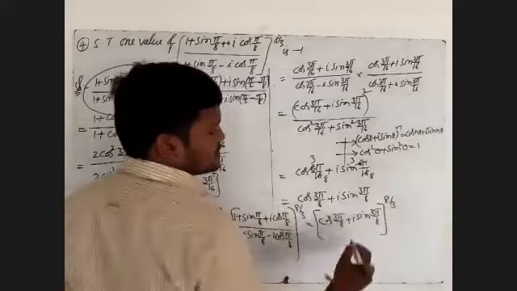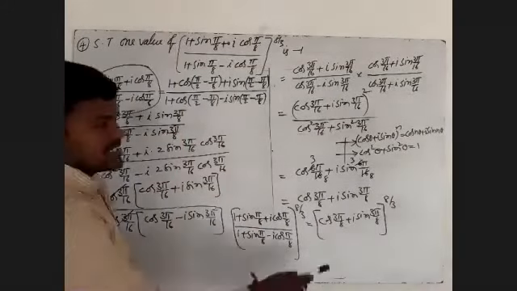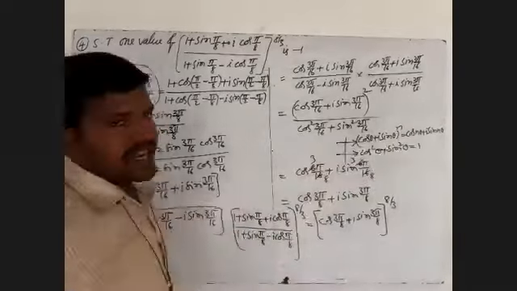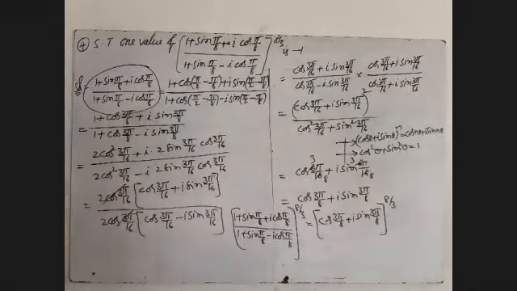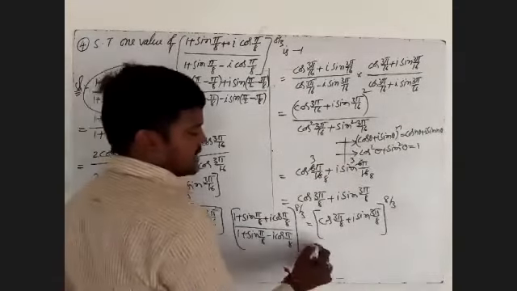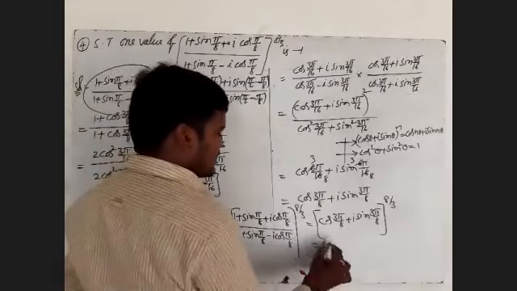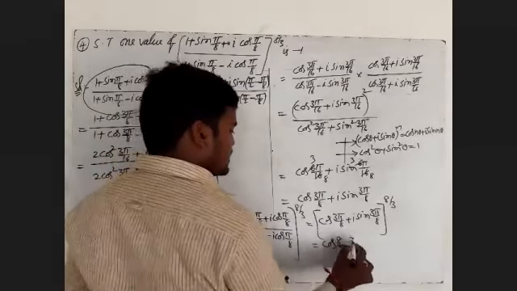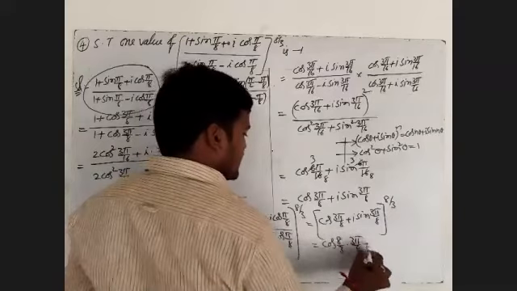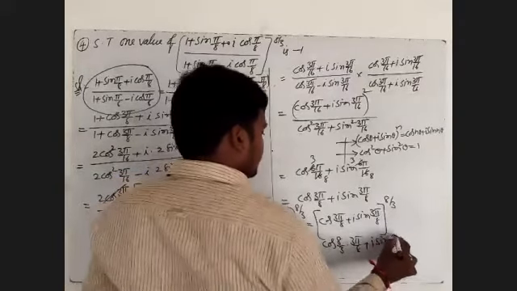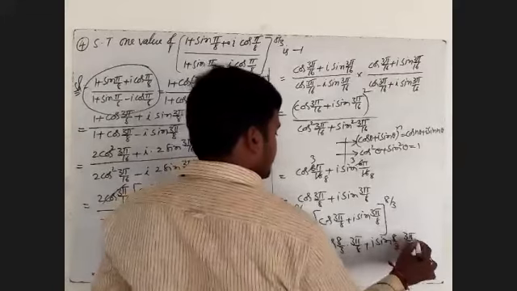We will observe again, when it is of the form (cos theta plus i sin theta) whole power n, that I will write cos n theta plus i sin n theta. So I will write cos (8 by 3 into 3 pi by 8) plus i sin (8 by 3 into 3 pi by 8).